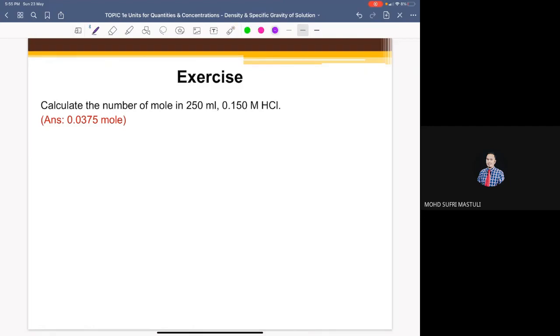So this is another example you have to try. It is asking you the number of mole. Mole should be mass over molar mass, in 250 ml of 0.50 molarity. So this one gives you 0.050 mole per liter. So in 1 liter, 0.050 mole.